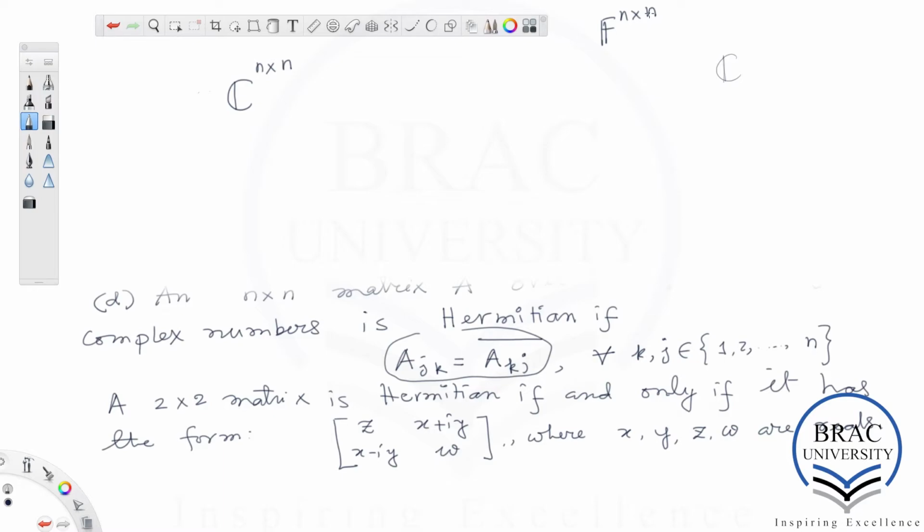So it's the vector space of all n times n matrices over the field of complex numbers. Now we take a subset from this vector space, the subset of all n times n Hermitian matrices.